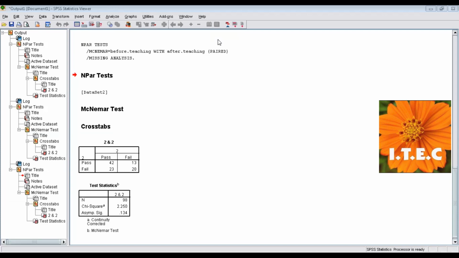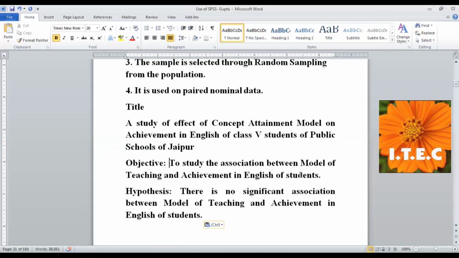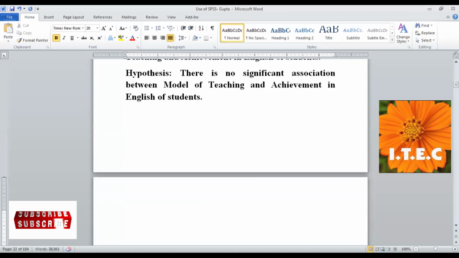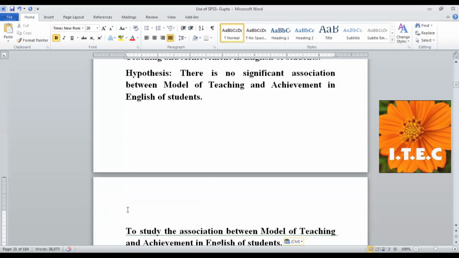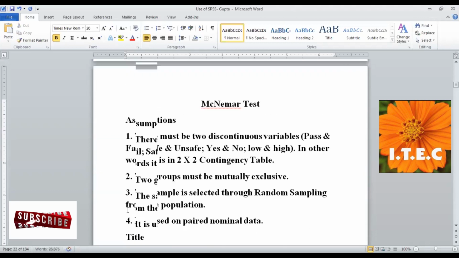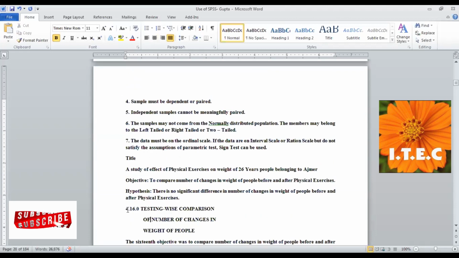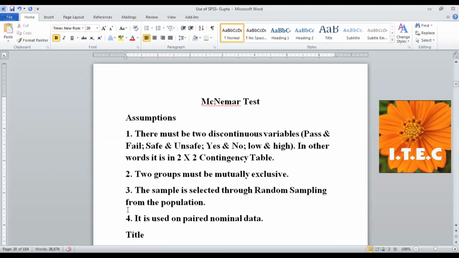So let us see how we make the table. Now here, this was my objective. And here it will be 4.17.0 or 18.0. Let us see, 4.17.0.